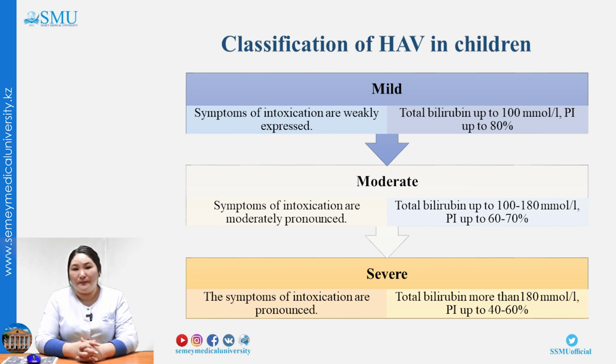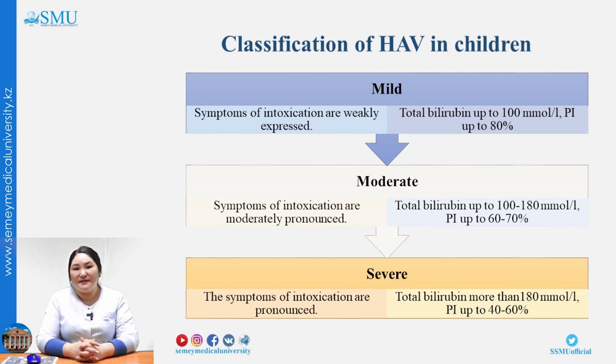The mild form has mild intoxication, and total bilirubin rises up to 100 micromole per liter, and the prothrombin index is up to 80%.